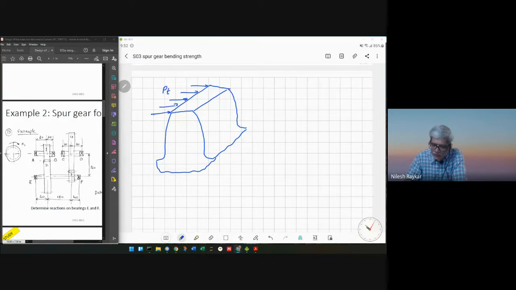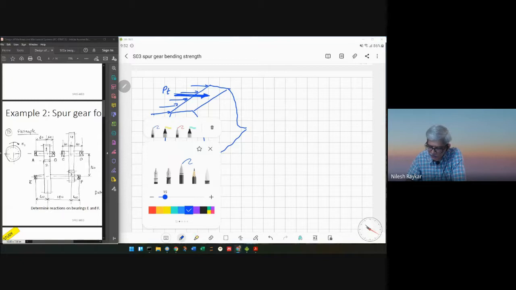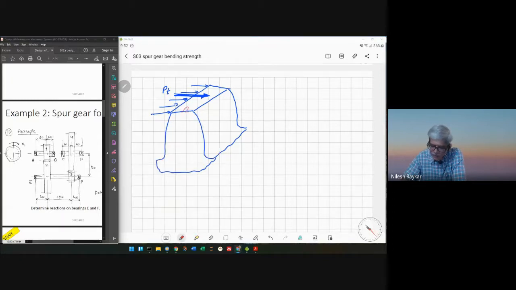There is a net tangential force which we consider for our calculation, but which is distributed all over the face of the tooth. Because of this force, the gear tooth acts as a cantilever. That is the basis for this theory.